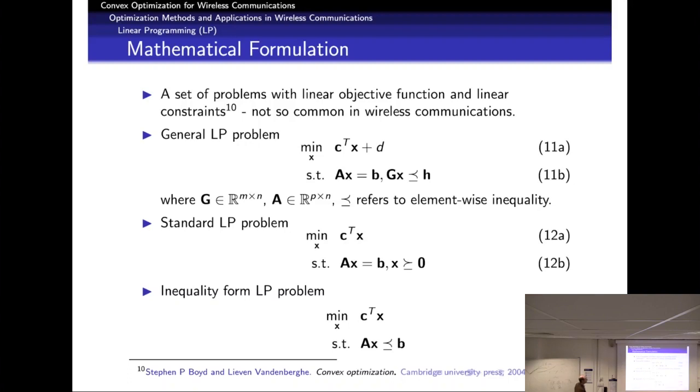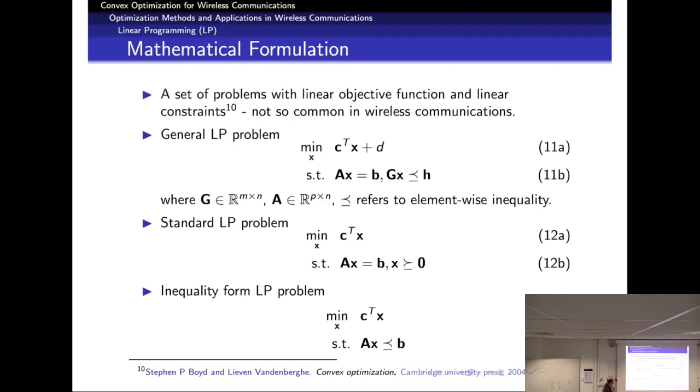But essentially, it says the following. You have an objective function that is affine, so linear plus a constant, and then you have your constraints here. They're essentially also all linear. So you have a linear inequality, a matrix inequality here.